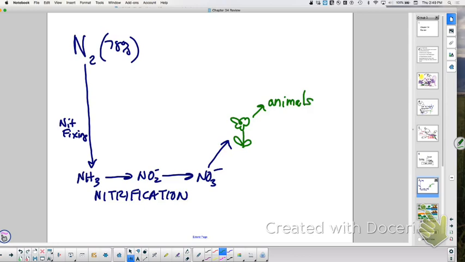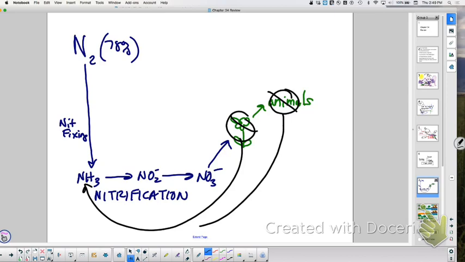Okay? And then if the plants or the animals die, who works on them? Decomposers, and they bring it right back to ammonia. And then nitrifying bacteria can bring it to nitrite and nitrate. Are we okay with that?